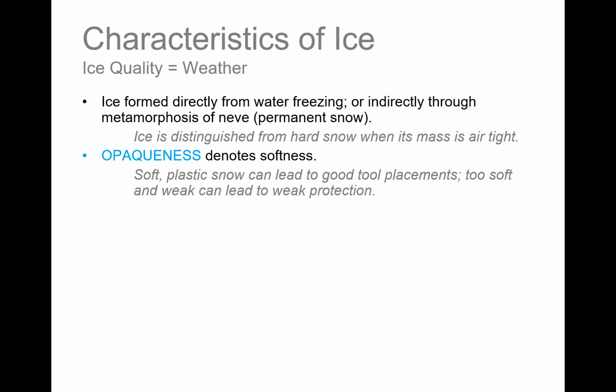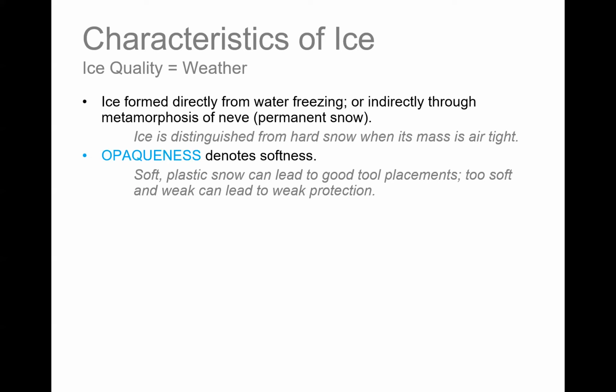Okay, cool. Good, thanks. So when we talk about opaqueness, this is really how much you can see through it. If it's kind of cloudy, it usually denotes being a little bit softer. And softness is not a bad thing, because sometimes you want the ice to be a little soft so you plant really well.